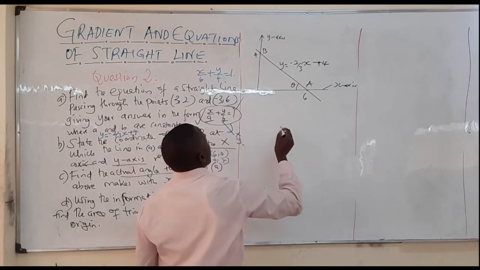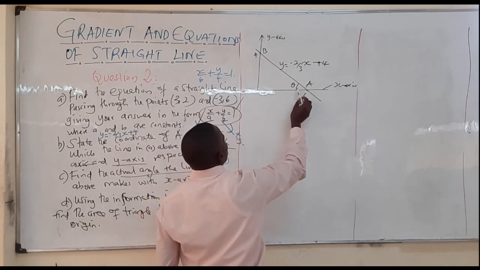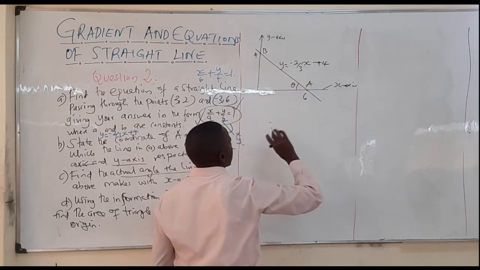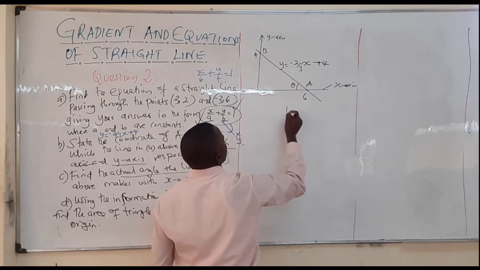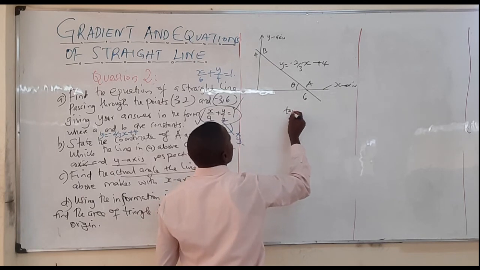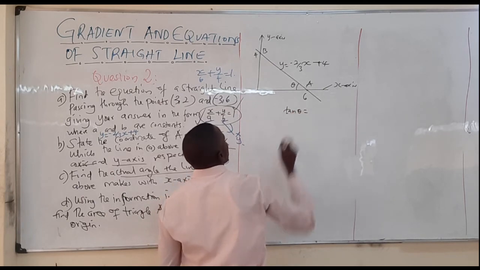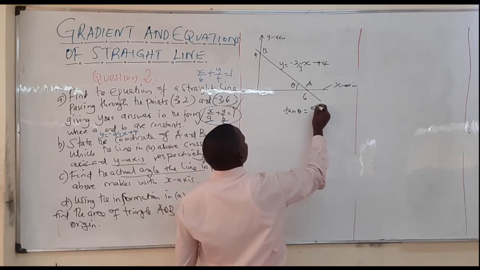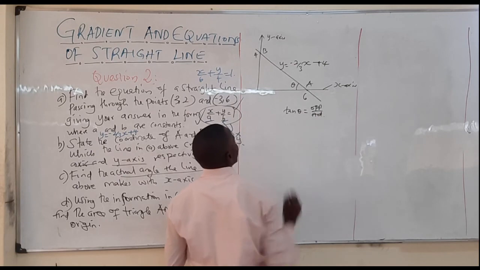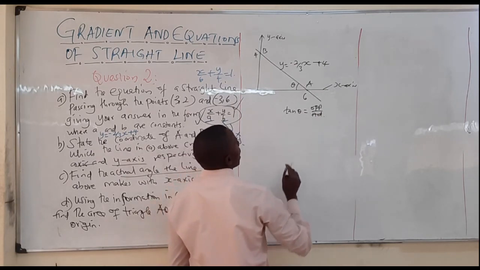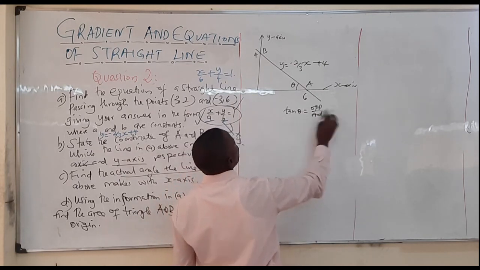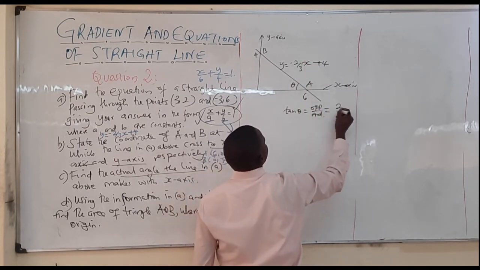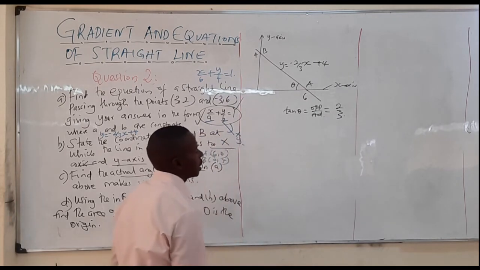Then, to get the angle, we know that the angle is given by change in y over change in x, and for the trigonometric ratios, the tangent is given by tan theta equals opposite over adjacent. In this case, the tangent of an angle is equivalent to the gradient, and our gradient is minus 2 over 3. But in this case, we are going to ignore the minus sign.